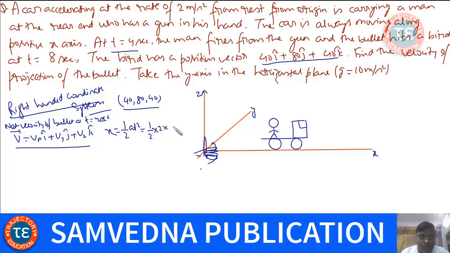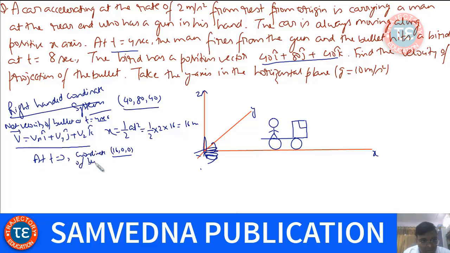So 1 by 2 into a, which is 2, into 4 squared, that is 16. So it is 16 meters. So the car is lying at 16, 0, 0, suppose.